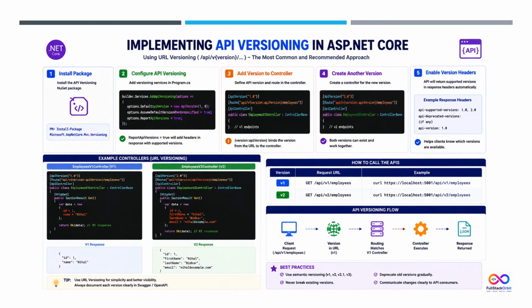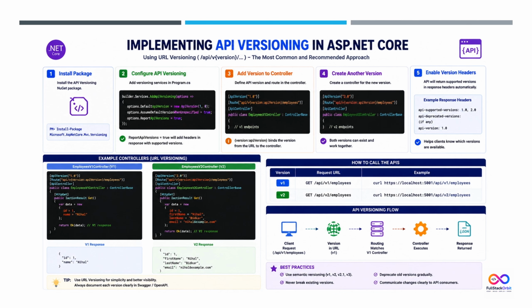One commonly used option is options.ReportApiVersions = true. This automatically adds the supported API versions in the response header. This helps API consumers know which versions are available.